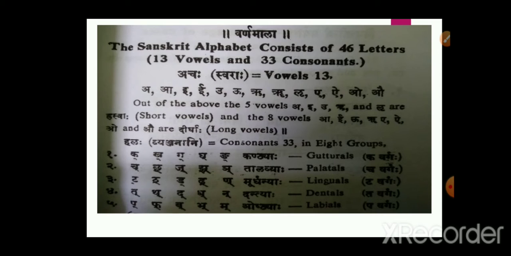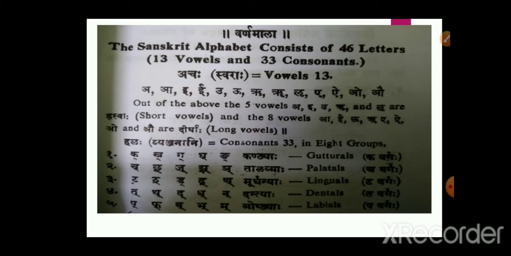This group ka vargaha is called gutturals, that is kantyaha. Why is it called kantyaha? Why the name guttural? Guttural means the sound is articulated at the back of the mouth. When we are pronouncing the letter, the sound is coming from the back of the mouth.